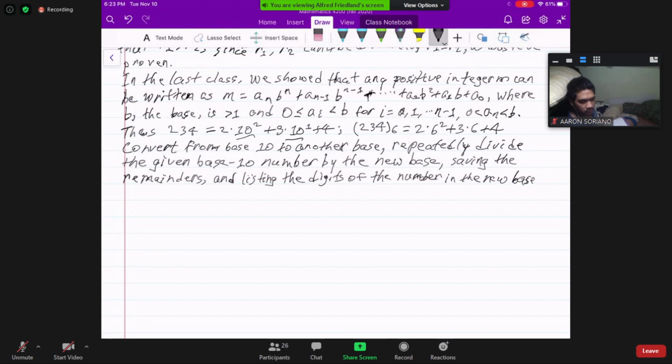The way I did it, I worked downwards, so the digits were going from bottom to top. The digits of the number in the new base, in the reverse order of how you computed them.